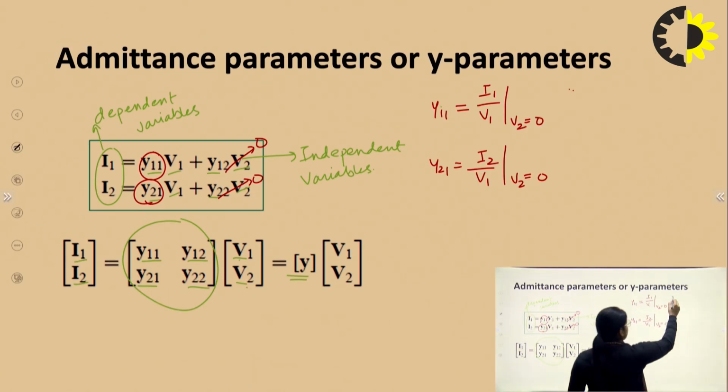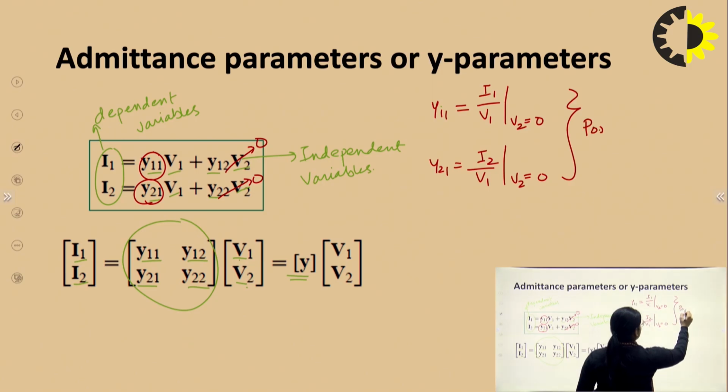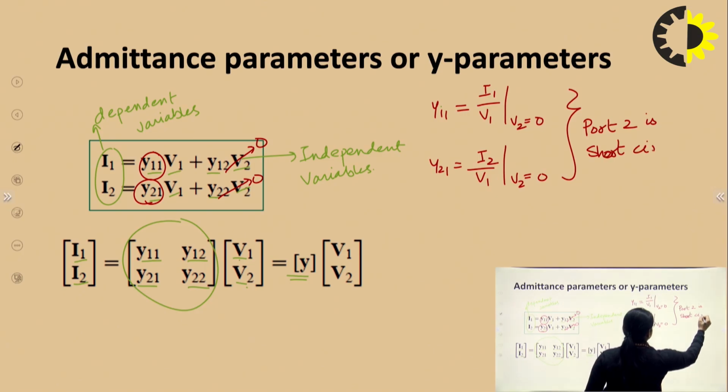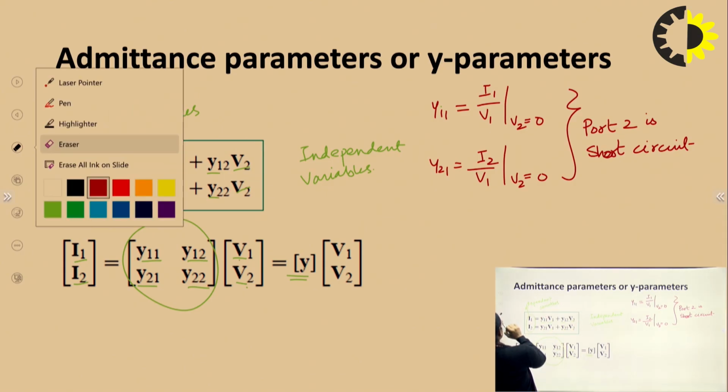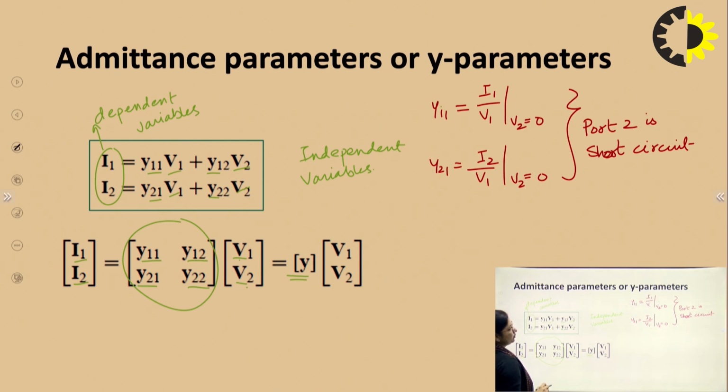So, this means that port 2 is short circuit, right? Now, further, if I want to calculate Y12 and Y22, I need to do V1 is equal to 0, right?